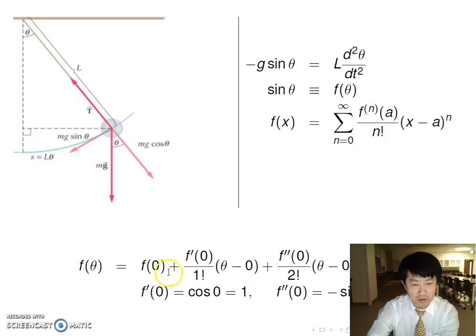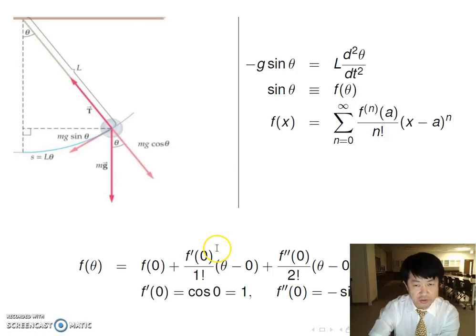That's the first term. The second term is the first differentiation of the function, f prime, evaluated at the interesting point 0, divided by 1 factorial, times the variable theta minus 0. The third term is the second derivative of the function, evaluated at 0, divided by 2 factorial, times theta minus 0 to the power 2, and so on.